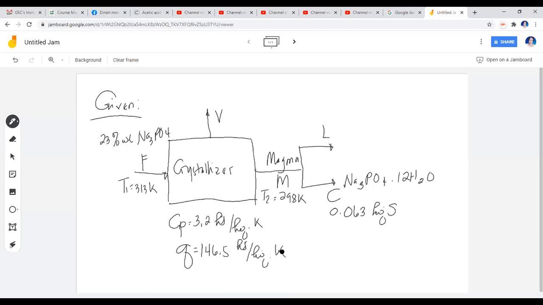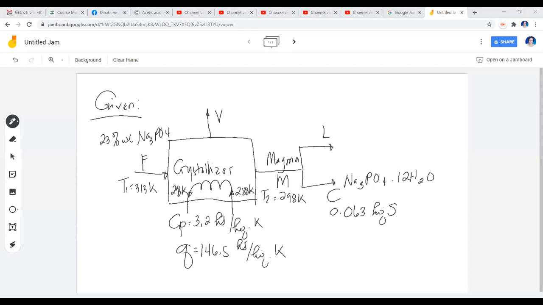Now, cooling water is introduced in the crystallizer, so this means there's cooling water here, and the initial water temperature here is 288 Kelvin, and after it cooled down the solution inside the crystallizer, its temperature increased to 293 Kelvin. Let me check. So from 288 to 293.